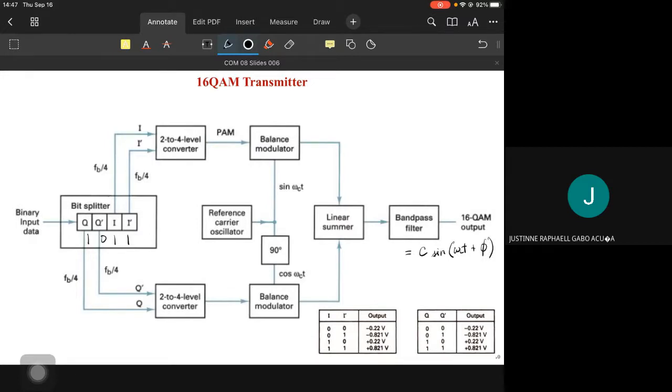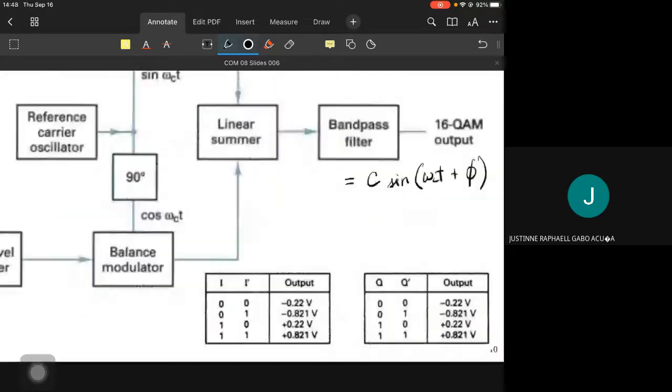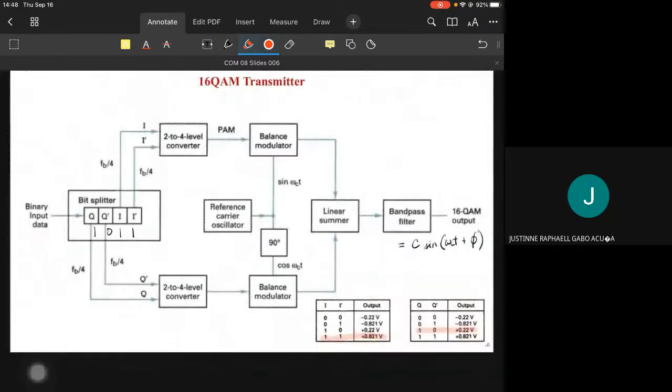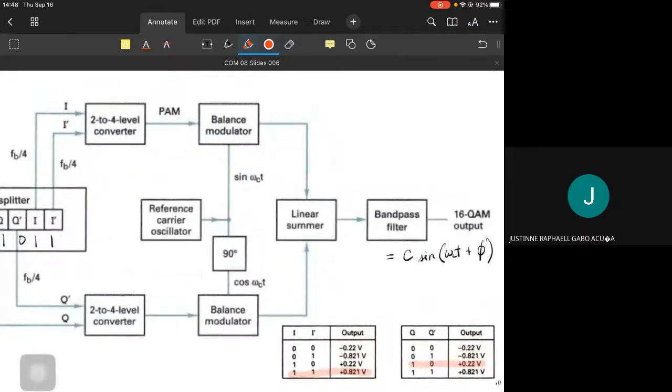So, based sa silong nga table, ang atong gamiton is this one and that one. Correct ba kung gi-highlight nga pula sa silong?